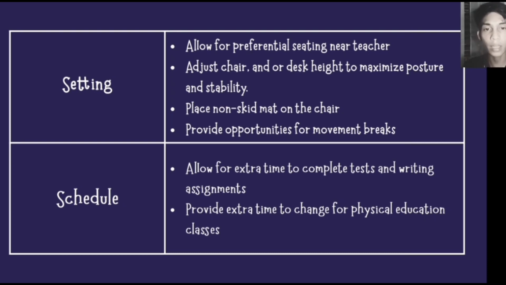Adjust chair and desk height to maximize posture and stability, so the learner is more comfortable and has no hard time or difficulty in the chair and desk. Place a non-skid mat on the chair so the chair will not move easily and just stays in place.